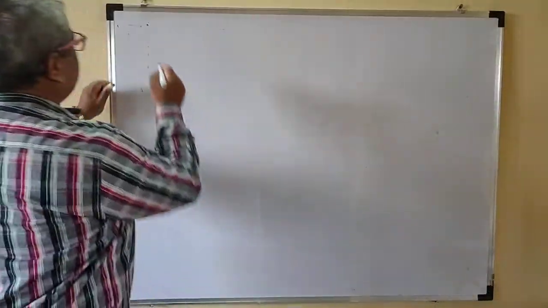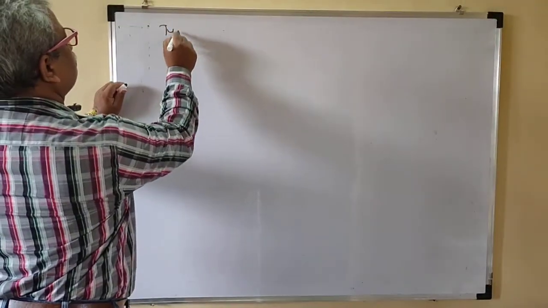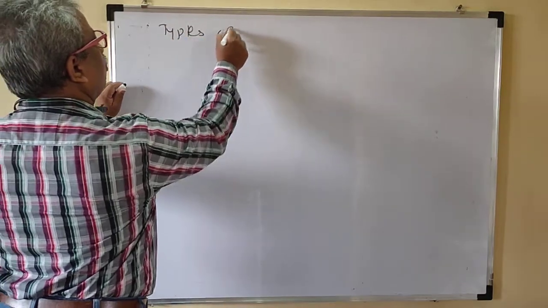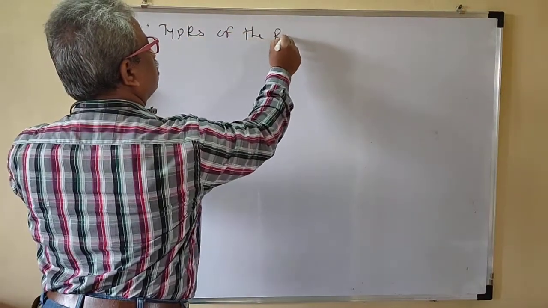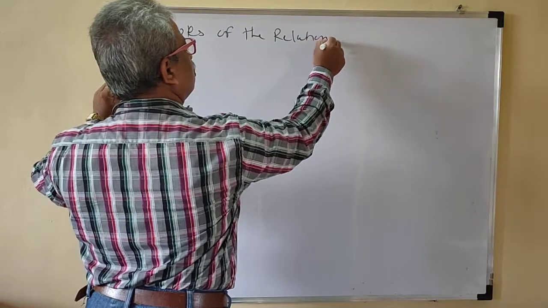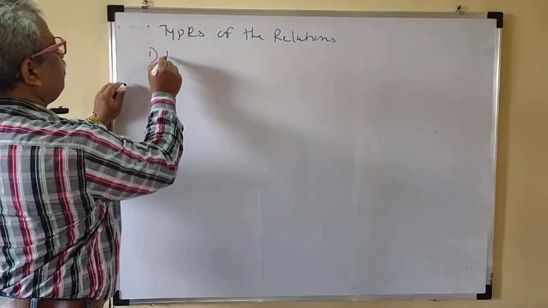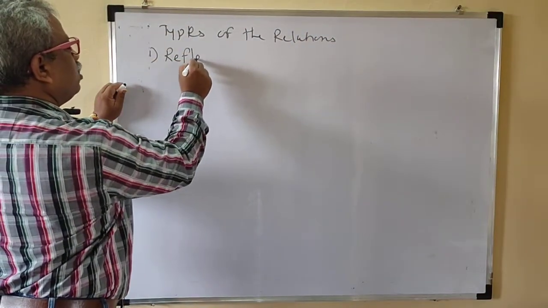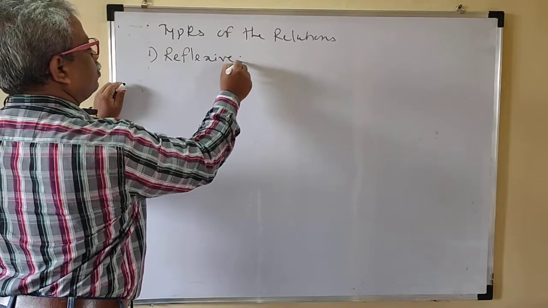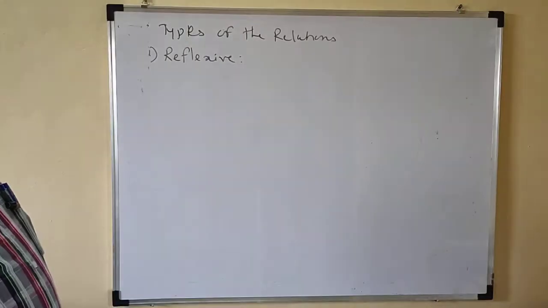We'll see the types of relation. So first is reflexive. This is very important. So the first type is the reflexive relation.